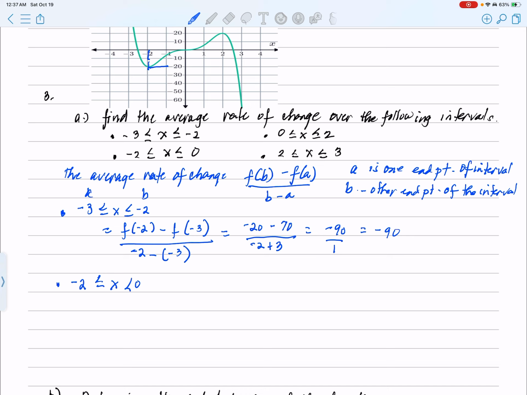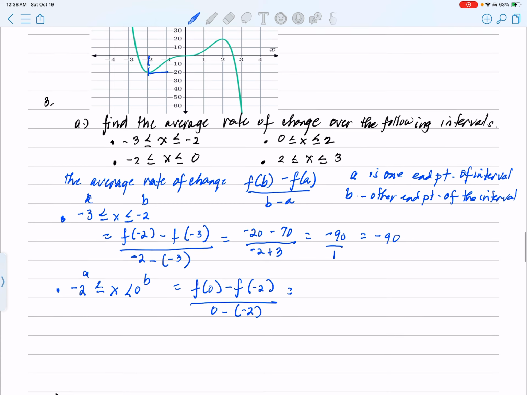That means this will be the B and this will be the A. So f of B would be f of 0 minus f of negative 2, over 0 minus negative 2.